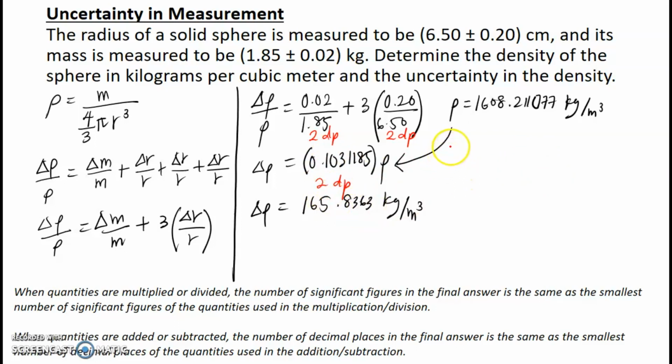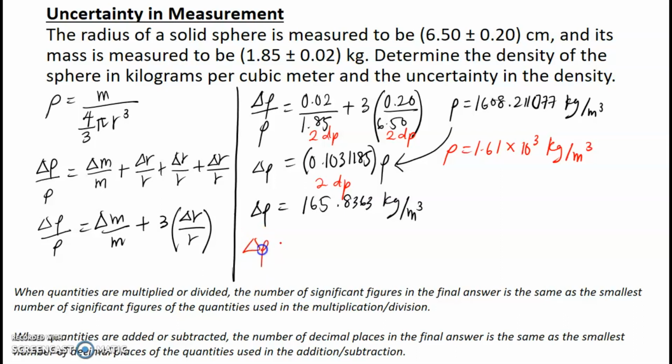We can write down the density as 1.61 times 10 to the power of 3 kilogram per meter cube. For the uncertainty in density, we will write it down in scientific notation as well as in 2 decimal places.